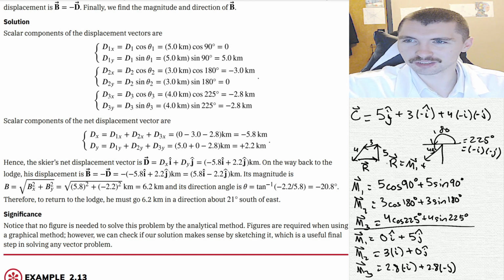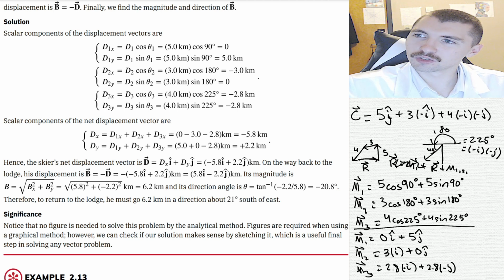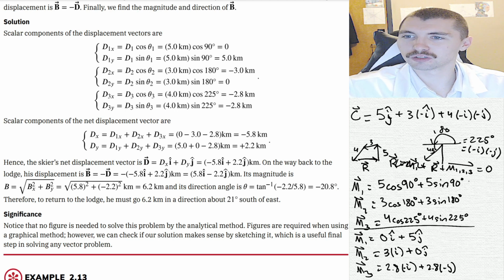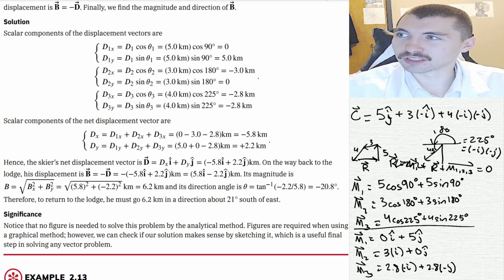So it's gotta be R plus M1 plus M2 plus M3 equals 0. So it's gonna be the negative of all these. We'll pick up where we left off next time.